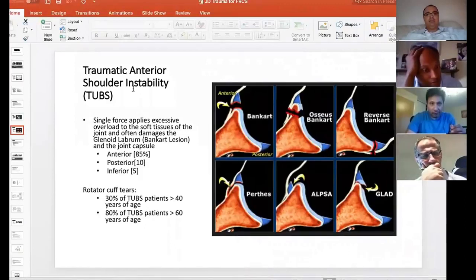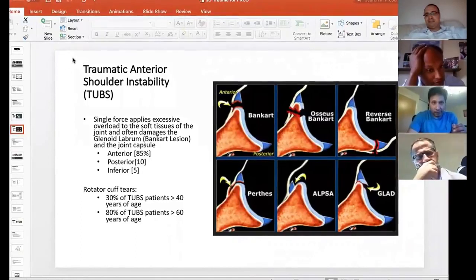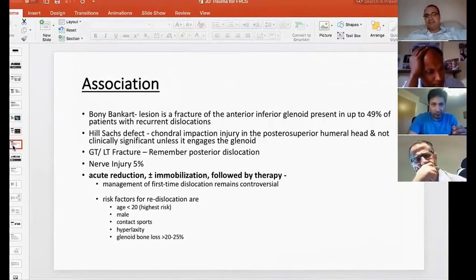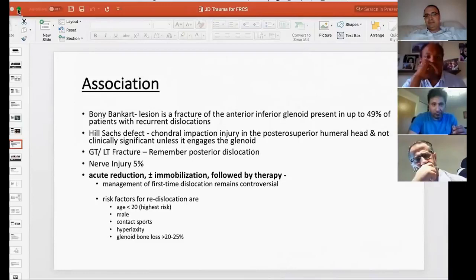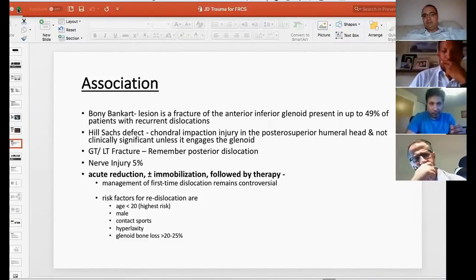Generally, when a shoulder dislocation is acute and traumatic, it's a young individual, whose age is less than 20, because that's the highest risk of redislocation age, where you can have either a bony Bankart lesion or a Hill-Sachs lesion, or just a soft tissue Bankart lesion, which you then take the viva down to how to repair and what the surgical techniques will be.